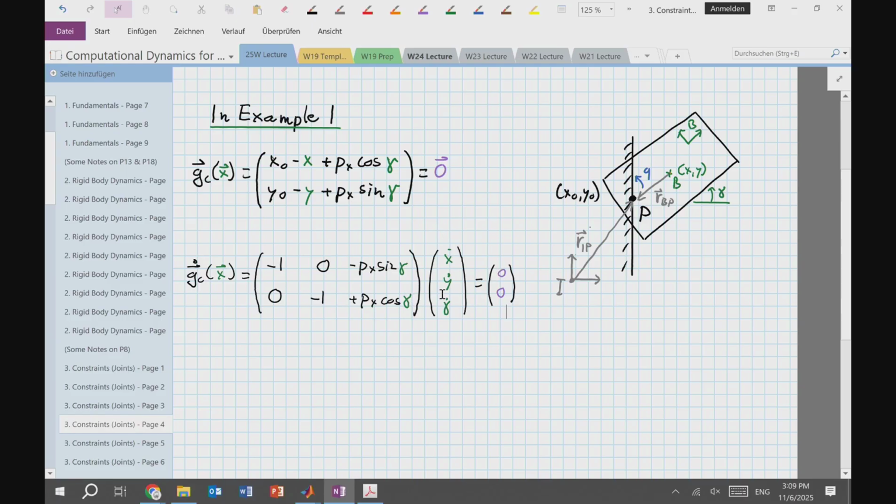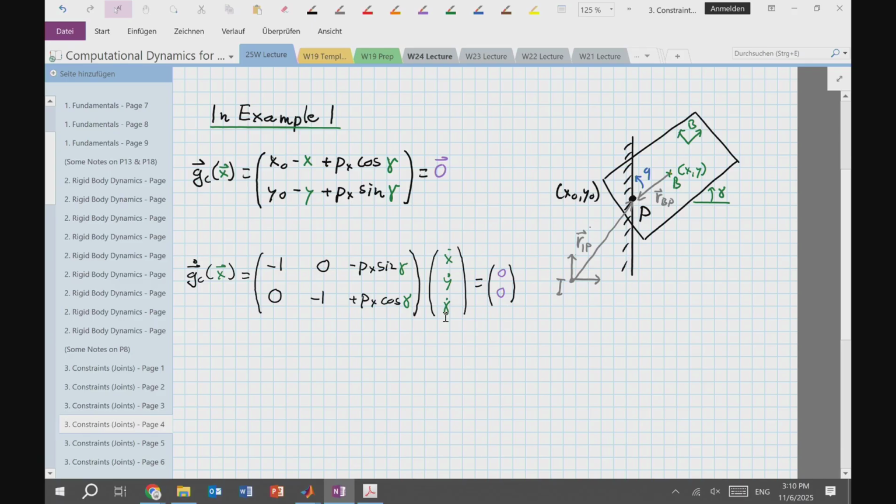That row times that column equals 0. In other words, the dot product of this row with that column is 0, or that row and that column are perpendicular to each other. That row and that column are perpendicular to each other.